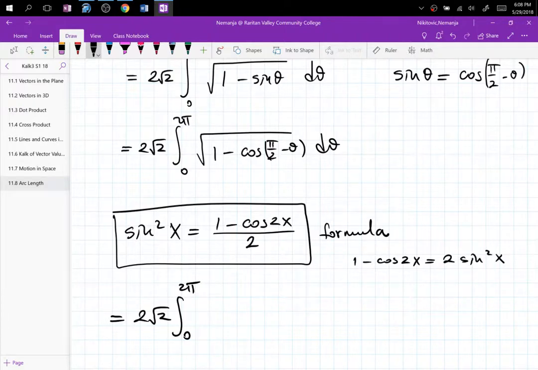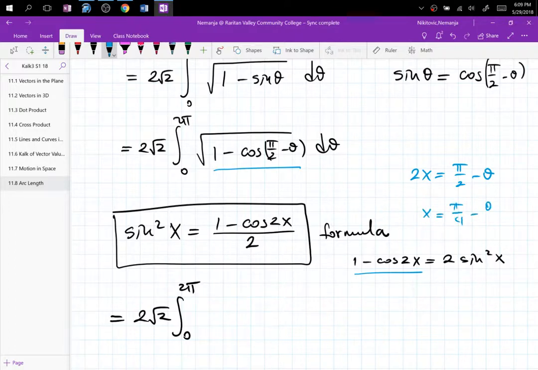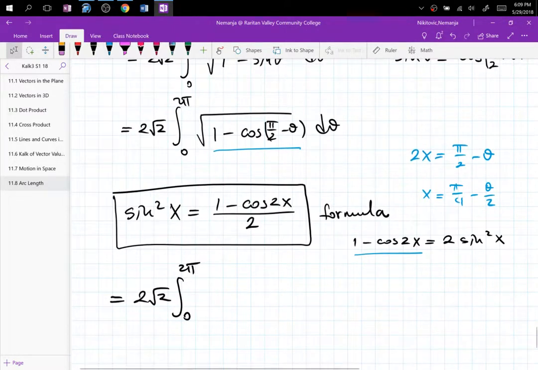Now, when you compare this and this, you have the comparison that 2x is equal to pi over 2 minus theta. So x is equal to pi over 4 minus theta over 2. Perfect. So now we plug all of that in.